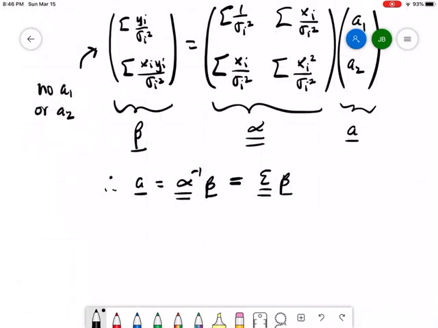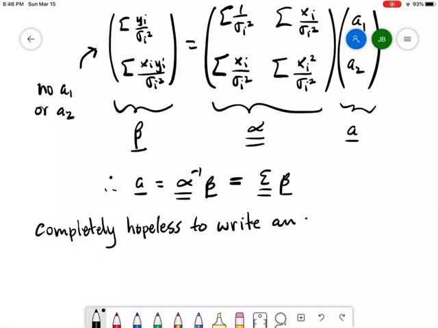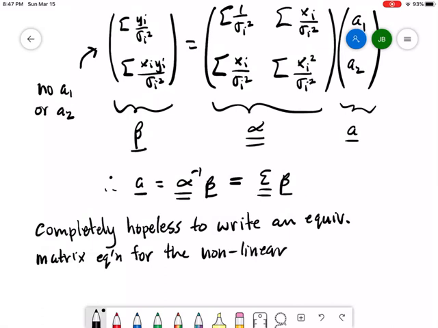So it's completely hopeless to write an equivalent matrix equation for the nonlinear fit.